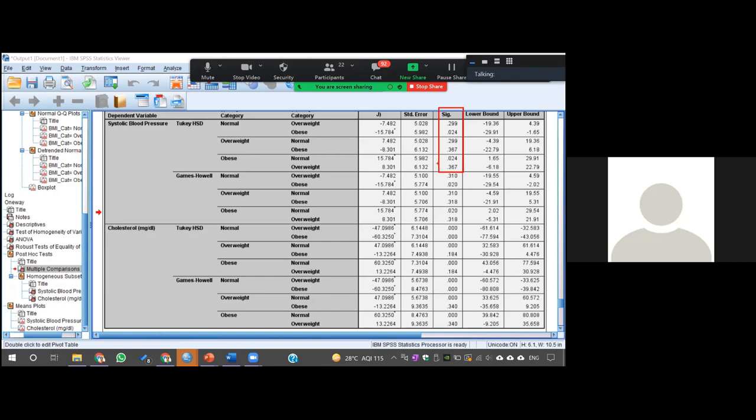It is compared between the normal and obese, so they have subtracted the obese value from the normal value, so it is coming minus. In the lower one, the normal value has been subtracted from the obese value. So it depends upon which value is higher and which is lower, and depending upon that, we get minus or positive.